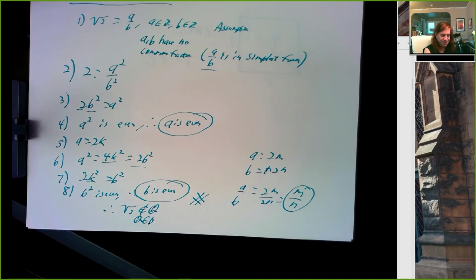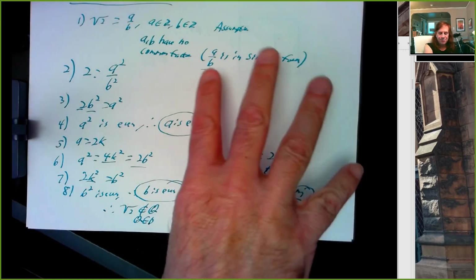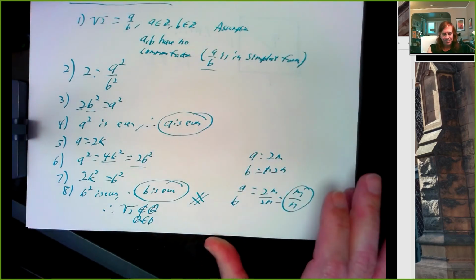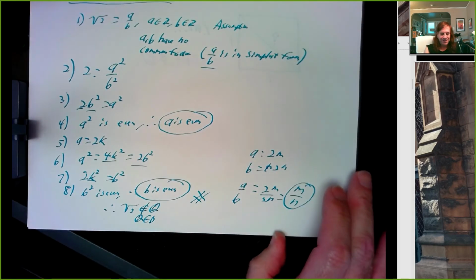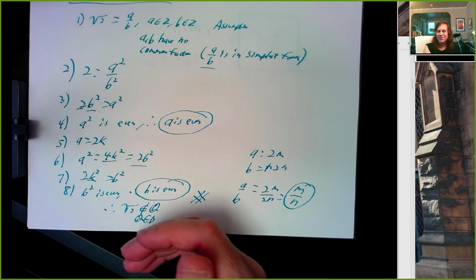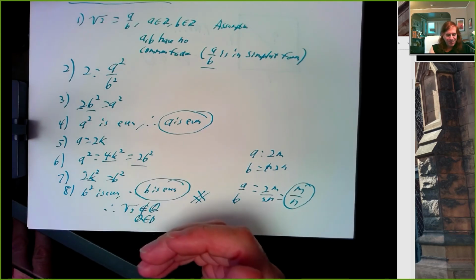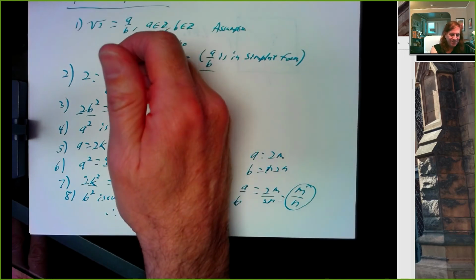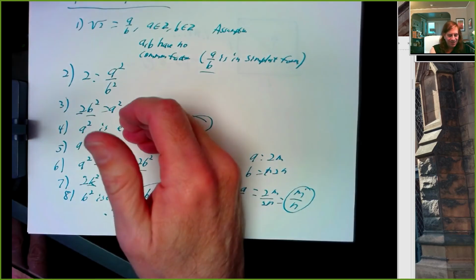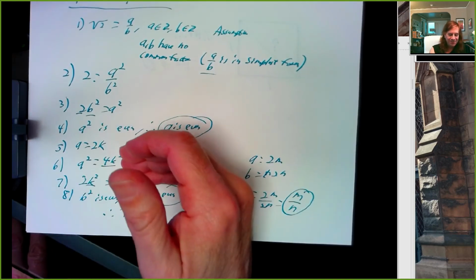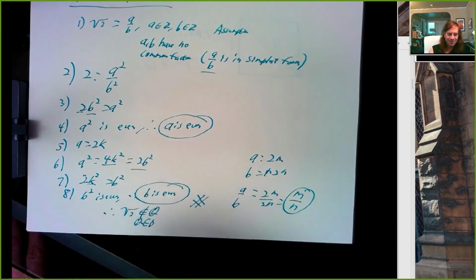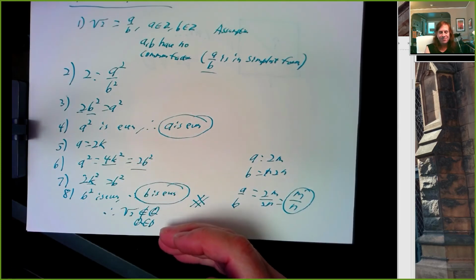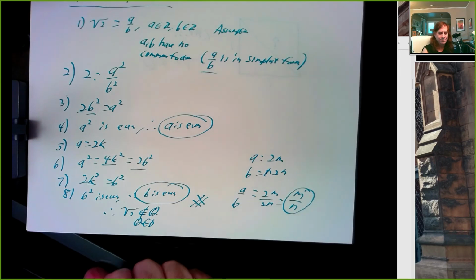I'll admit, at least for me, this doesn't feel warm and fuzzy, right? When I first looked at this proof, I didn't see this coming. But reading through the proof, I believe that, okay, I believe that, okay, I believe that. You've got to believe every step along the way until you get to the end and say, okay, I believe square root of 2 is not a rational number.